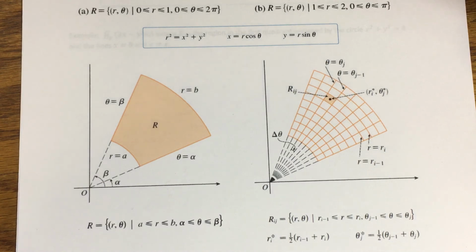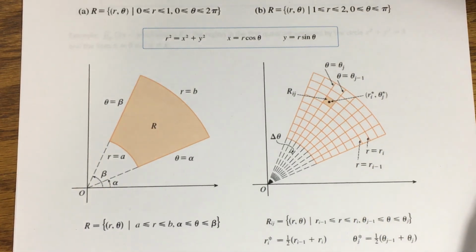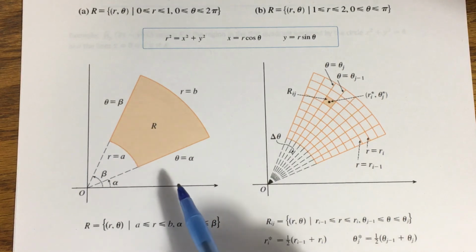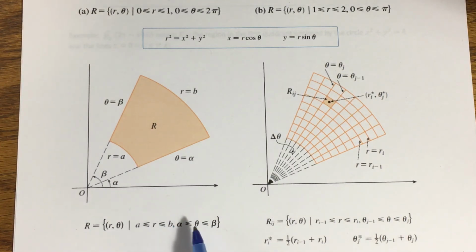Okay, so if we think about how we came up with the process for evaluating a double integral in rectangular coordinates, we started with our rectangle, and then each of these intervals, the interval for r and the interval for theta, we broke up into a bunch of equally sized subintervals.